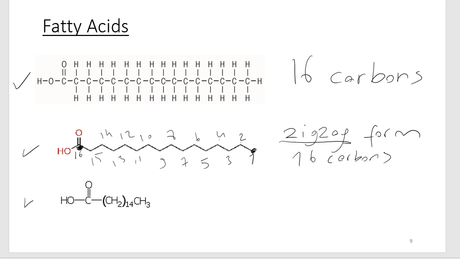And the third one, let's see the third one. We can also show a fatty acid like this in the last presentation. We have a carboxyl group here. We can also write like this, then repeating CH2 groups, N is equal to 14, then we have a methyl group.